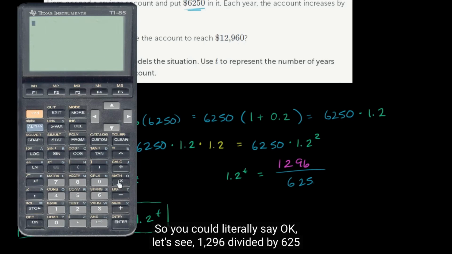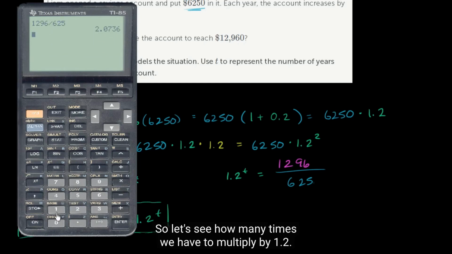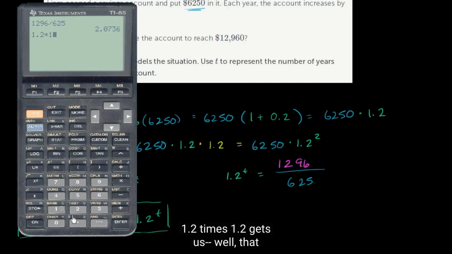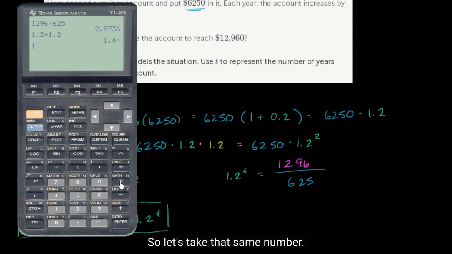So you could literally say, okay, 1296 divided by 625 is this value. Let's see how many times we have to multiply by 1.2. 1.2 times 1.2 doesn't get us close enough. So let's try it 3 times.